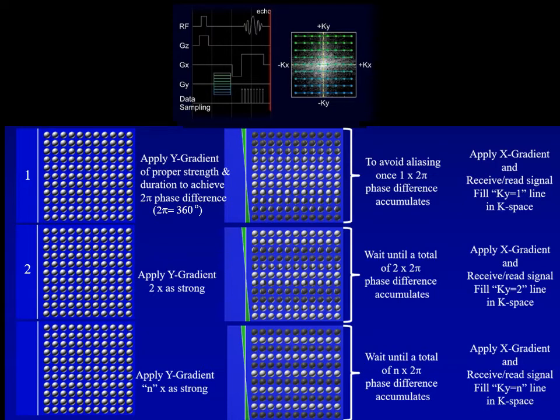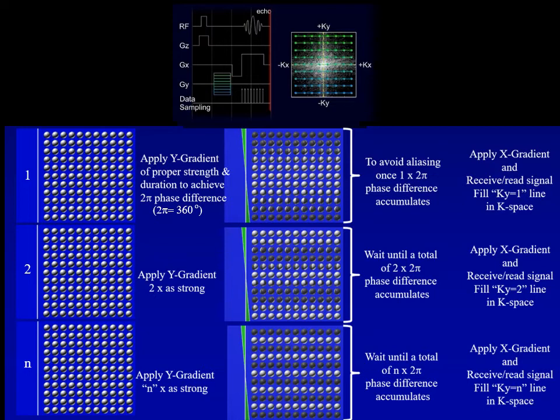We keep doing this until we get to the nth repetition, which brings us to the bottom row. As we move from left to right, we apply a y gradient which is n times as strong. The balls spin until there are n complete revolutions of phase difference between the bottom and top row, so n times 2 pi.